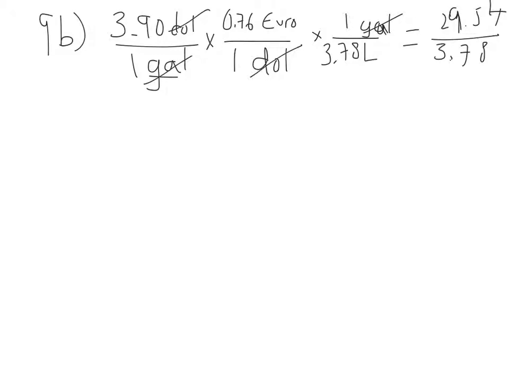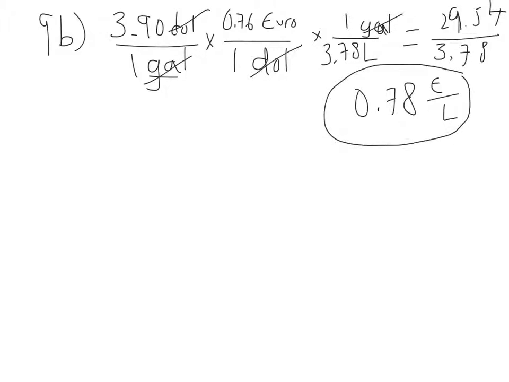Grabbing my calculator, doing that calculation, I get 0.78 euros per liter. If I'm thinking about this, that's a lot less than what the Germans paid in euros per liter for their gasoline, right? So in America, the price was cheaper.